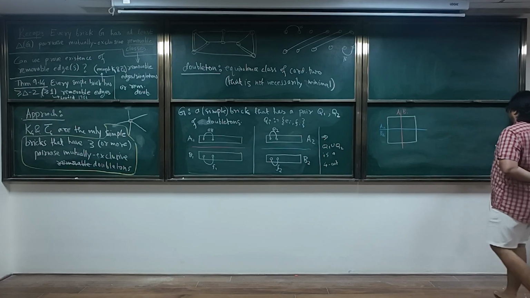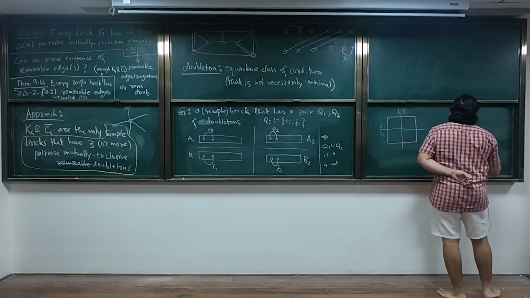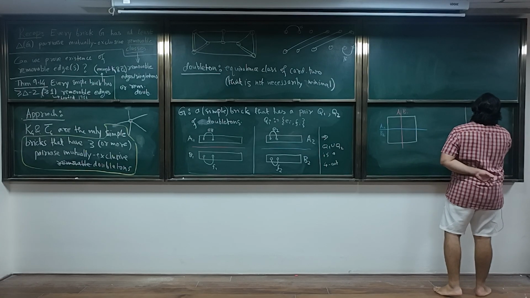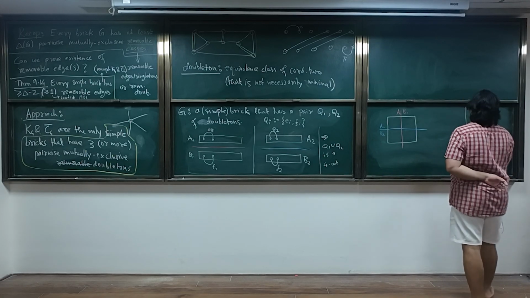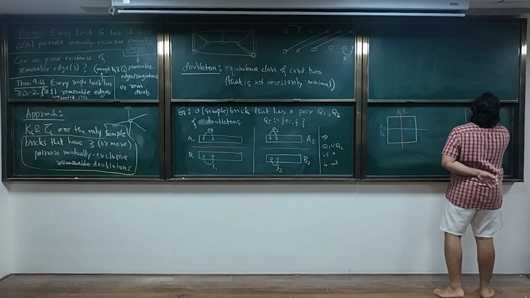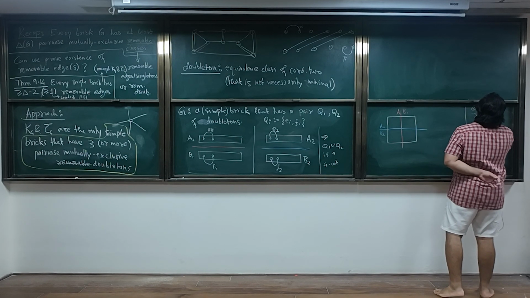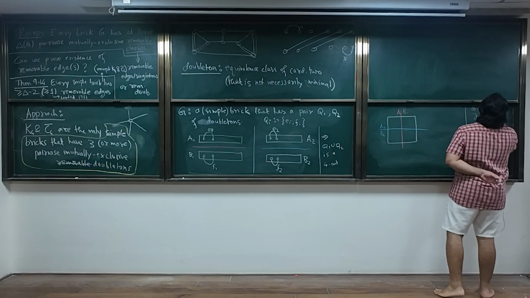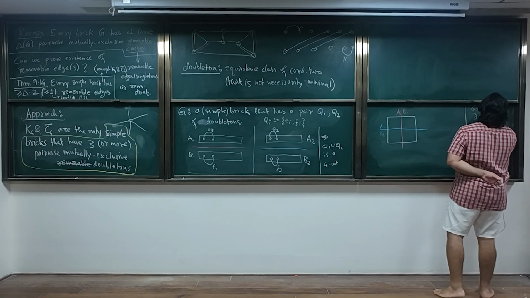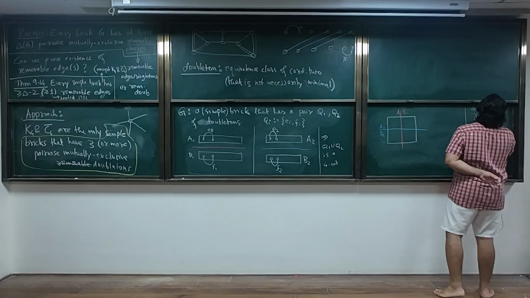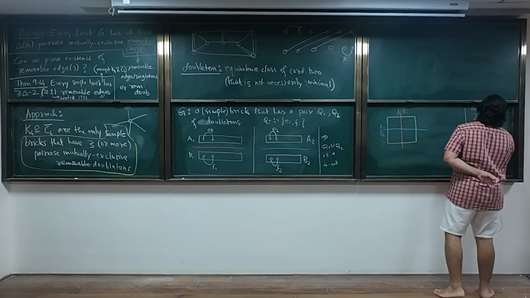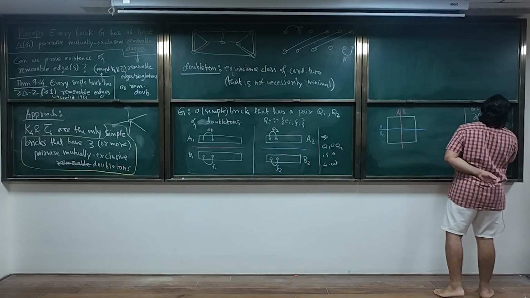I also want you to think separately about the following. We have seen this in SGT. If I give you a graph G with two cuts, partial of X and partial of Y are cuts.